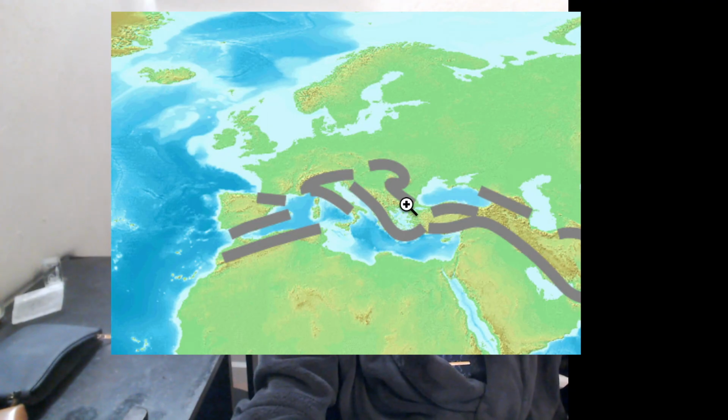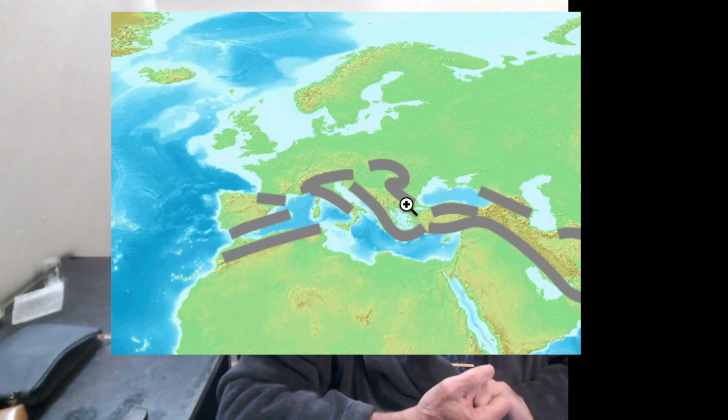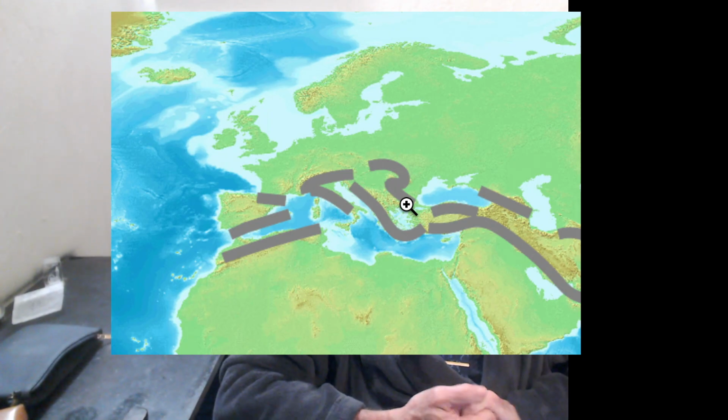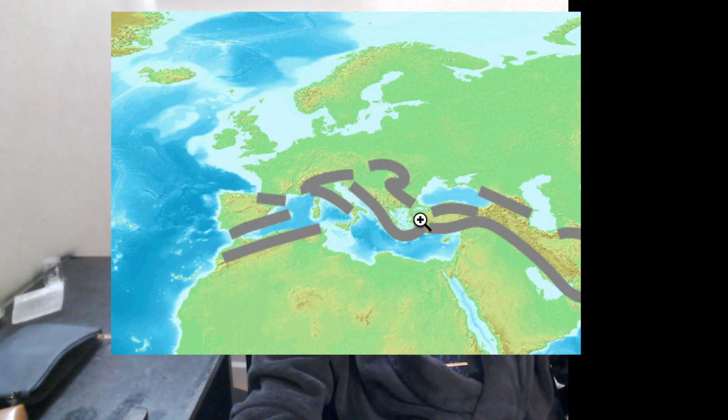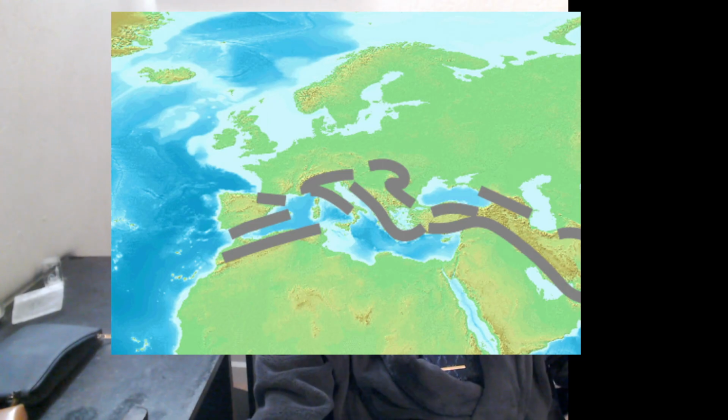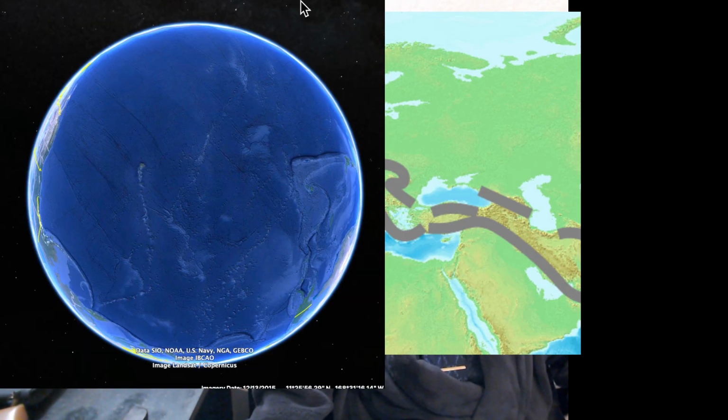And now we're going to look at one of the smallest of the plates, which rivals the Nazca plate, and it rivals the Juan de Fuca plate, the one in Vancouver. That island, Vancouver Island, is a plate. It's a small plate, but the plate we want to look at is on this map.